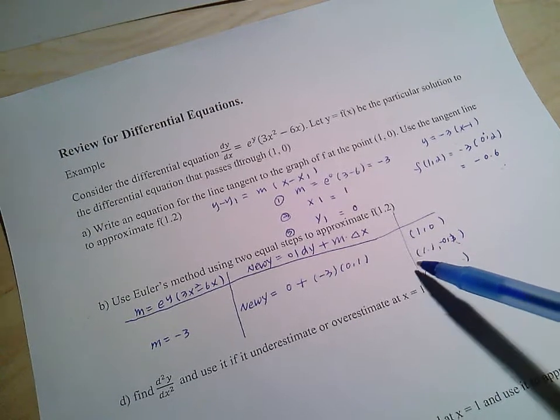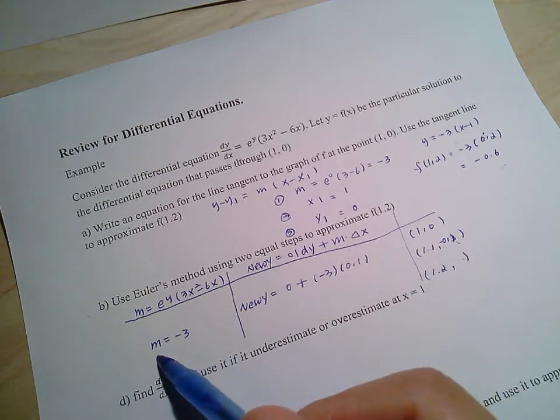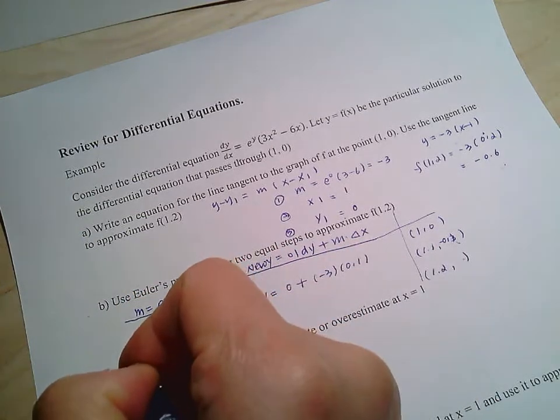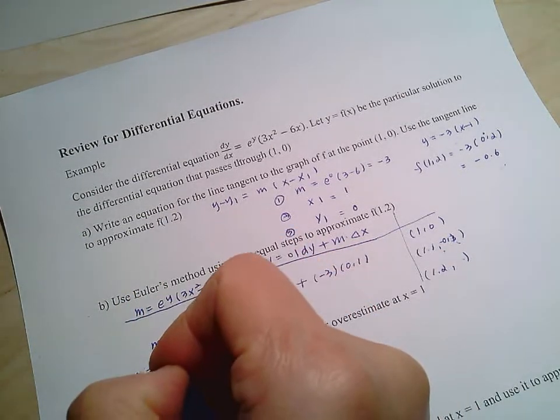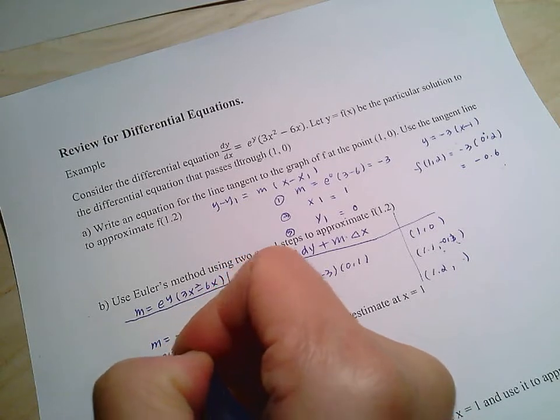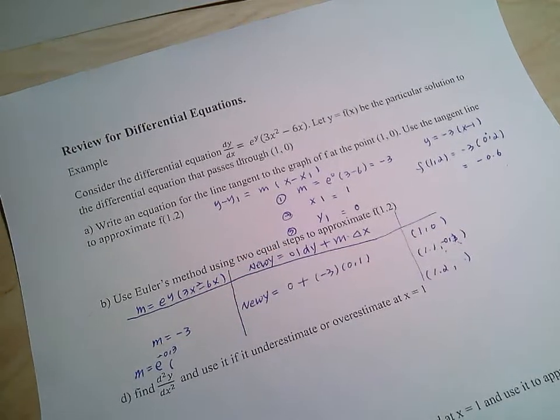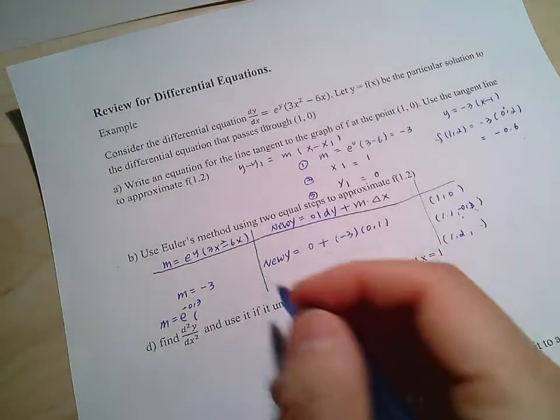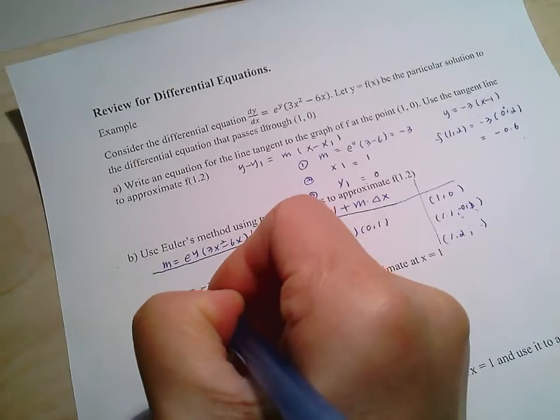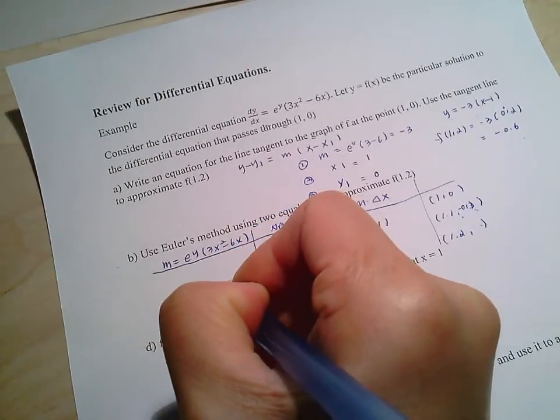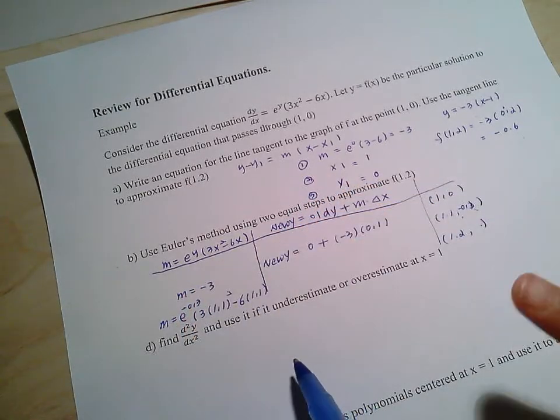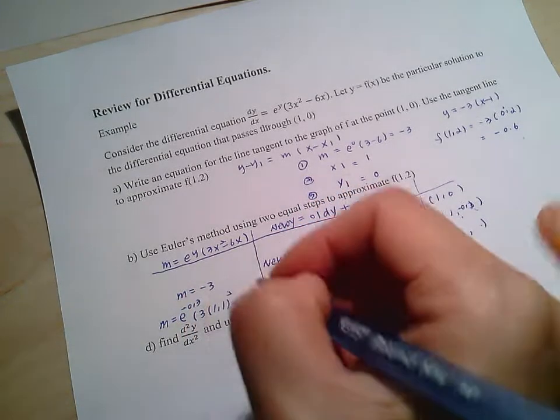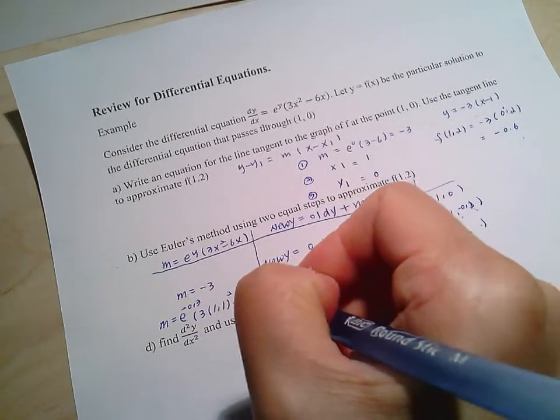Now we plug in that value to find the slope again. So my slope is e to the negative 0.3 times 3 times 1.1 squared minus 6 times 1.1. I got the approximation, which is negative 2.2.